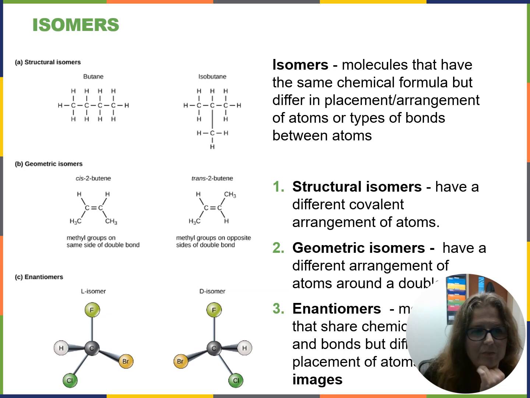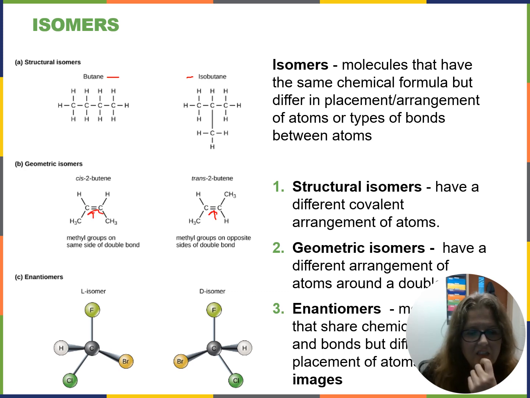So if we actually broke down the chemical formula of butane and isobutane here, they have the same number of carbon and hydrogen atoms, but they're arranged differently. And then we have structural isomers, which have a different covalent arrangement. Geometric isomers have a different arrangement of atoms around a double bond, so they have this double bond here.